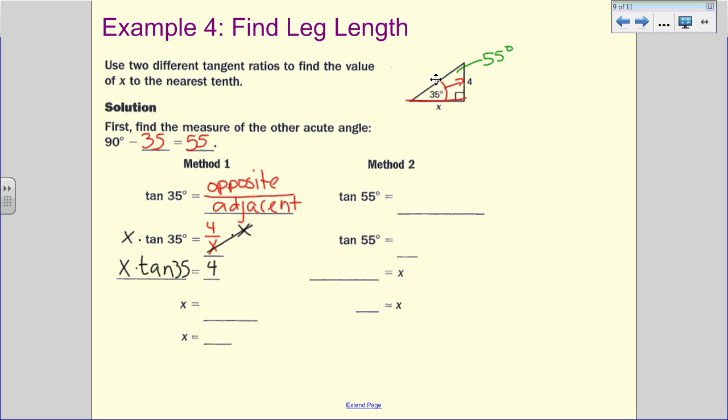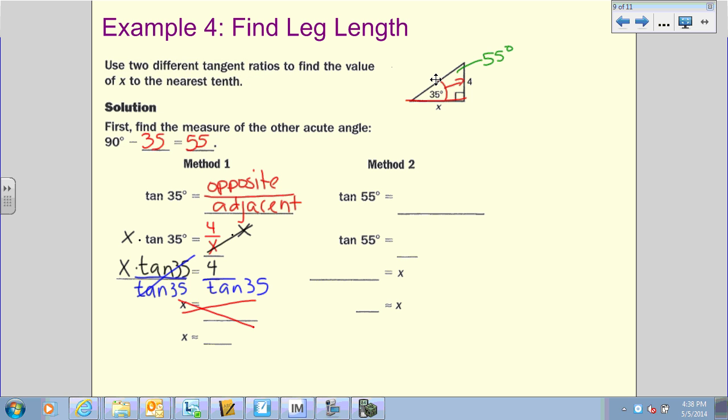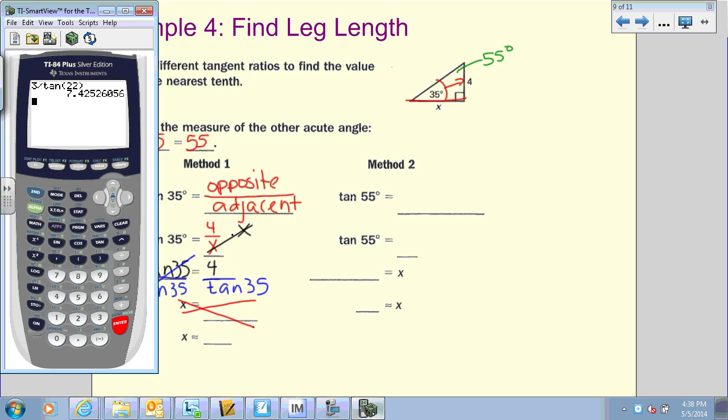I'm going to divide by tangent of 35 on each side. Remember, we're going to go right to our calculator and type in. We don't need to do any approximating. We're just going to type in 4 divided by tangent of 35 degrees. Hit enter. And we're rounding to the nearest tenth, so we get 5.7.